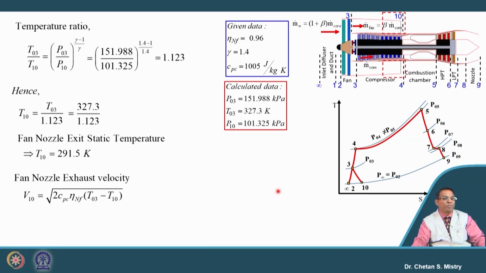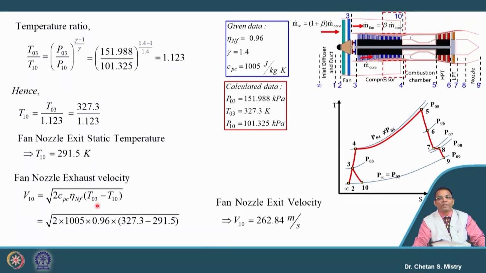We have our formula for the velocity calculation, and here let me make a point: be careful to put this Cp value in joules per kg Kelvin, otherwise you will not get this velocity. Okay. So, if we put this as a number, the exit velocity from the fan nozzle comes to be 262.84 meter per second.